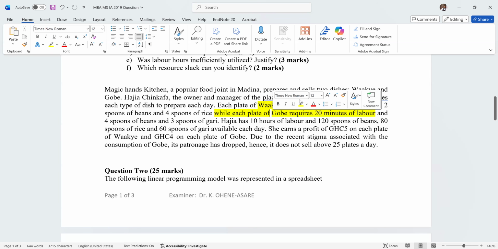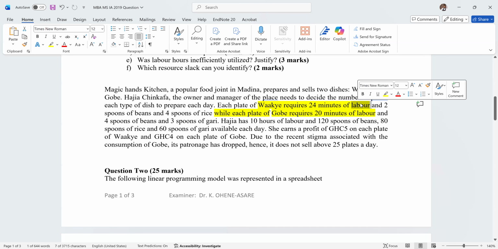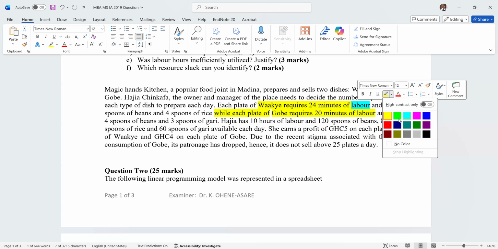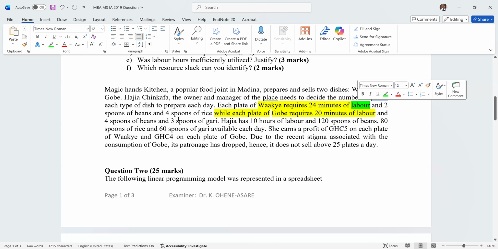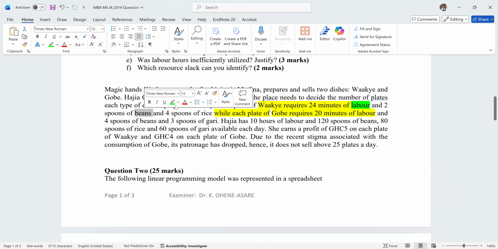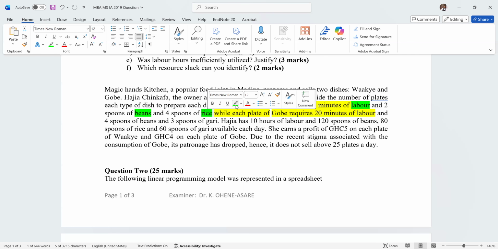So you can see that whilst the Wache was being mentioned, there was no mention of Gary. Check it. In the case of Wache, there was labor mentioned. Let me use a different color. Labor was mentioned here. Beans was mentioned there. Okay. And rice was mentioned for Wache.